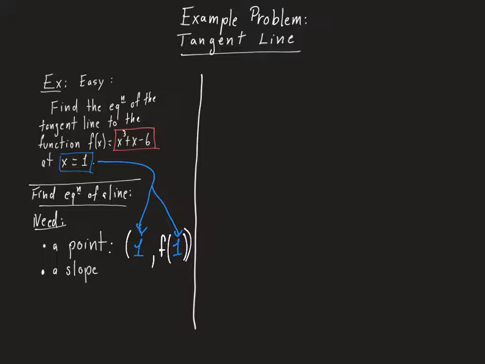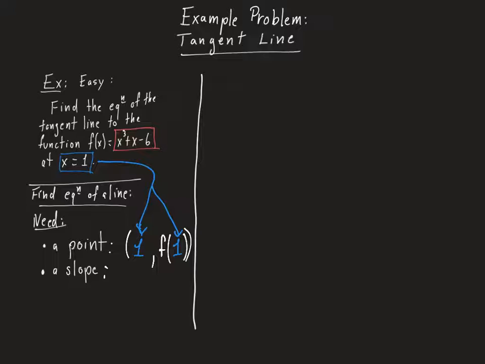Whatever x value you're given is the value you plug into f. This never changes. The x value of the point is given to you, and for the y value, you plug the x value into your function f.